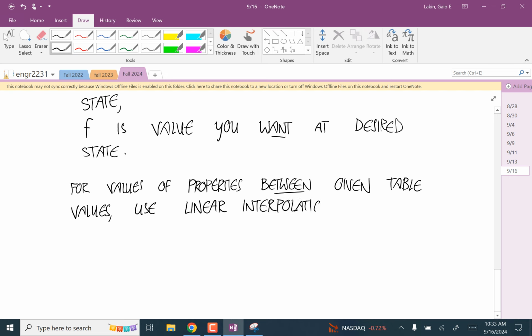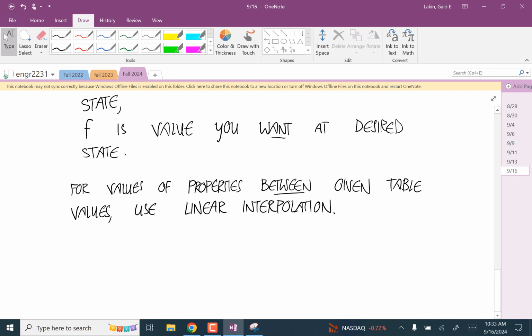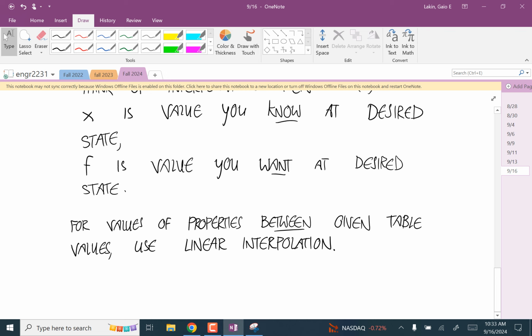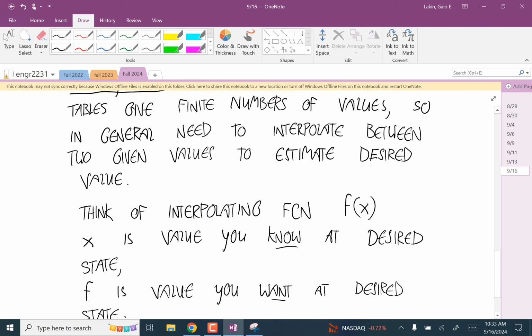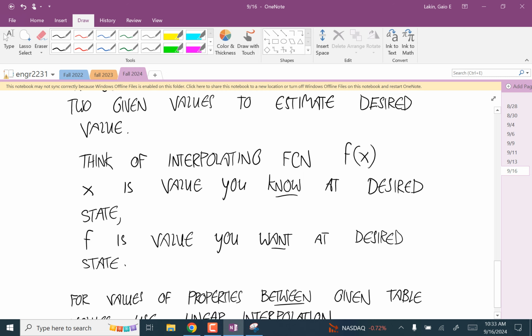And I'm going to show you how this works with mathematical functions. But remember that what I'm showing you with mathematical functions is also the way we're going to do it with the tables. If you just think of the x value of the function, the independent variable, as the value we know, and the f value as the one we have the bounding values of and are trying to approximate.